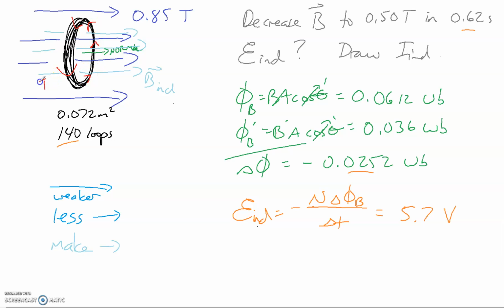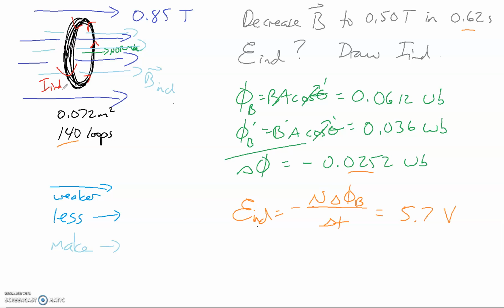So that would be the direction of the induced current. And of course, this is for the magnetic field getting weaker. If the magnetic field was getting stronger, it'd be the exact opposite: the induced current and the induced magnetic field would both go the opposite way. Okay, so there's a combination of the two things put together.